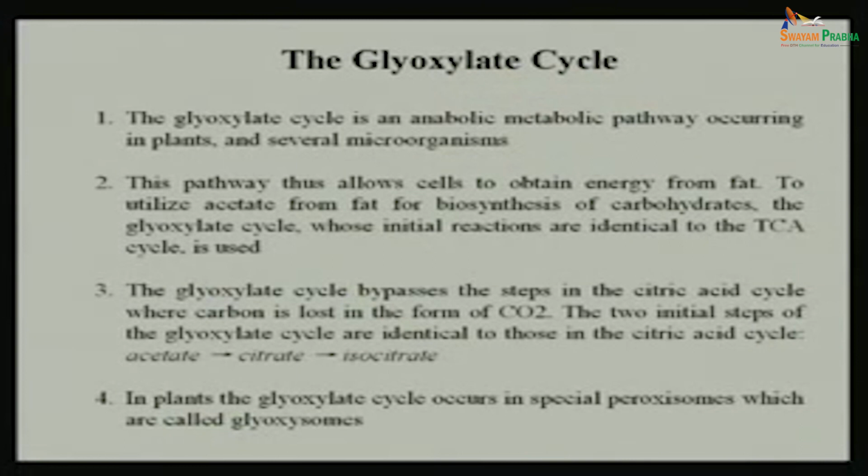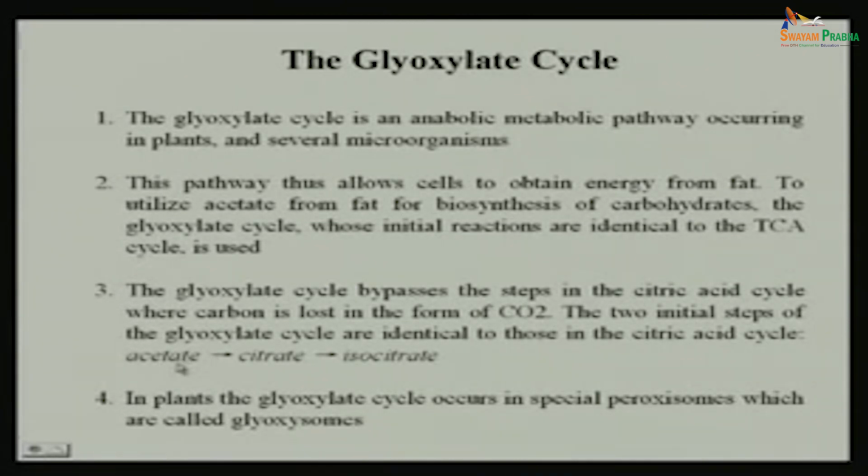Now coming to the last cycle, the glyoxylate cycle. The glyoxylate cycle is an anabolic pathway occurring in plants and several microorganisms. This pathway thus allows the cell to obtain energy from fat. It utilizes acetate from fat for biosynthesis of carbohydrate. The glyoxylate cycle's initial reactions are identical to those of the TCA cycle.